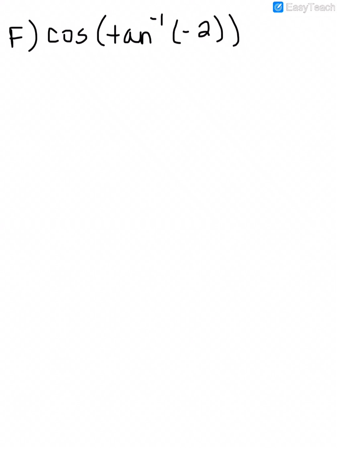Okay, and for our last one, we have cosine of tangent inverse of -2. Okay, so tangent is y over x. So that means that my y is negative 2. The x is 1. And cosine would be x over r, so we need to find r.